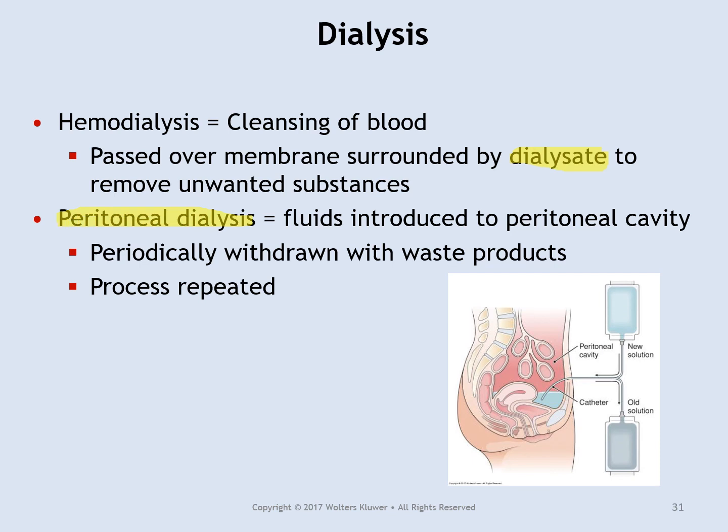And here is an example of what that would look like. You're pumping the fluid into the peritoneal cavity. It is collecting the waste materials, and then you're pulling that fluid that's full of the waste materials back out and decontaminating the body that way.